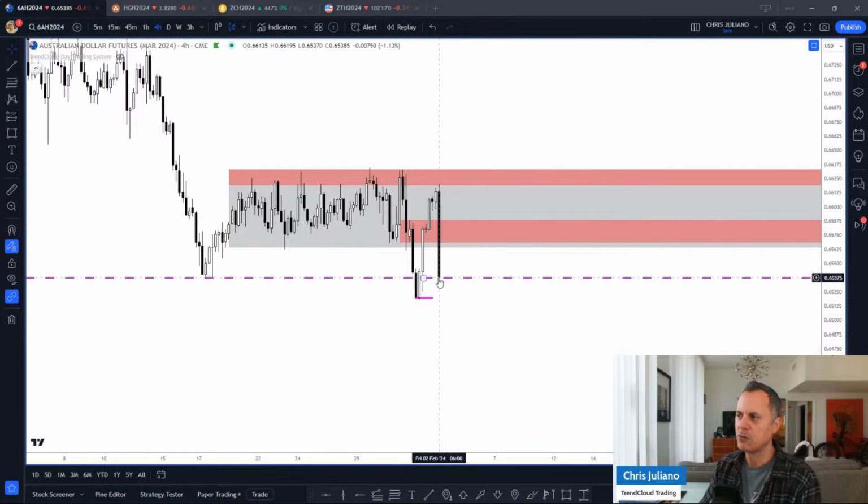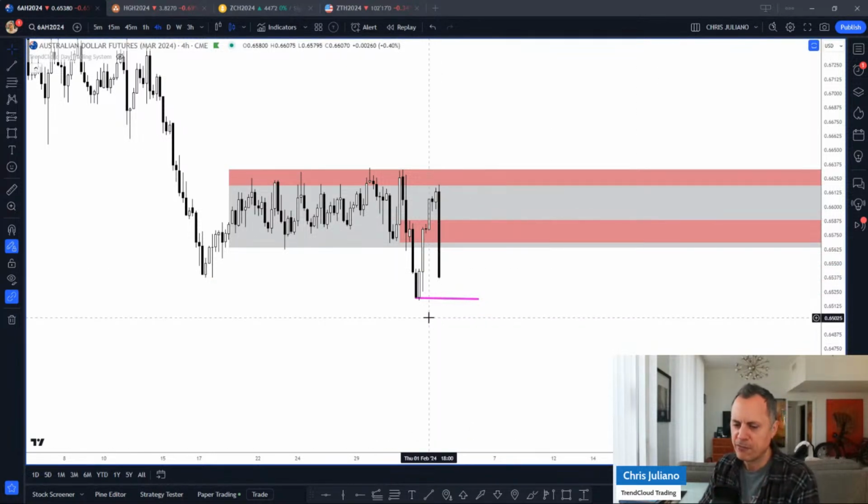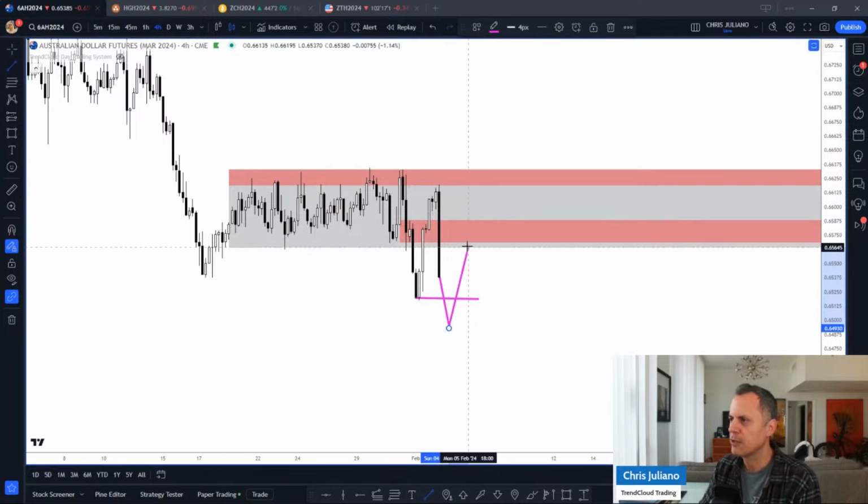So, you know, now what we've got here is if this breaks through structure here, we have officially put in a lower high, right? Which means we want to start looking for the pullback.